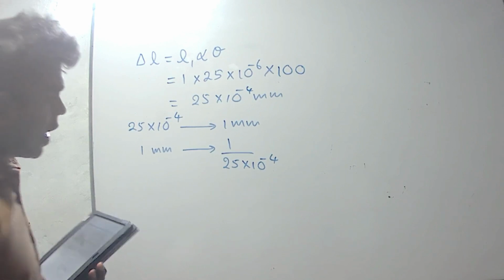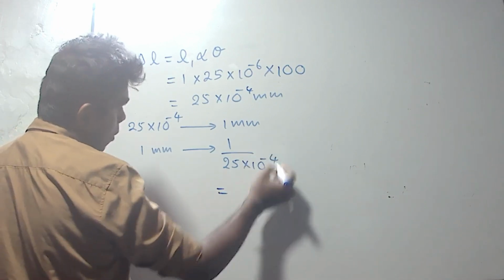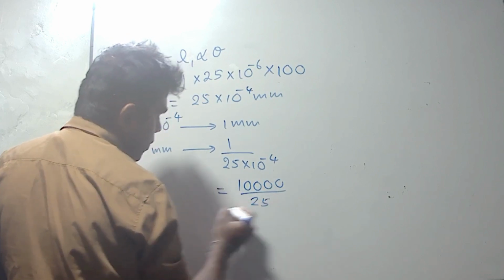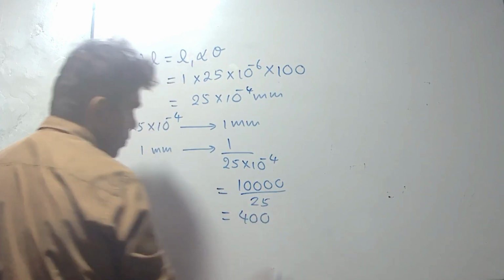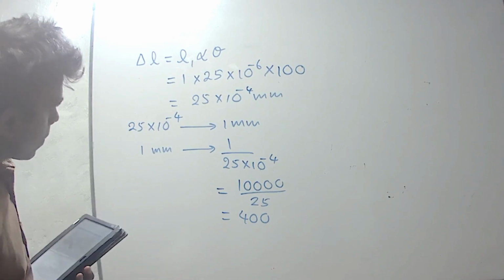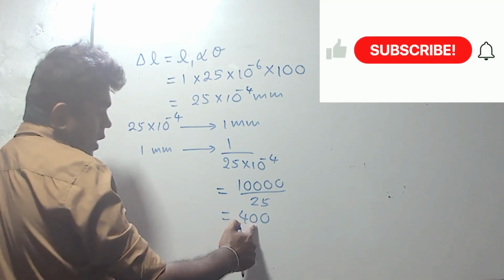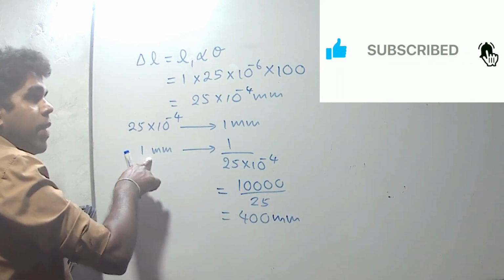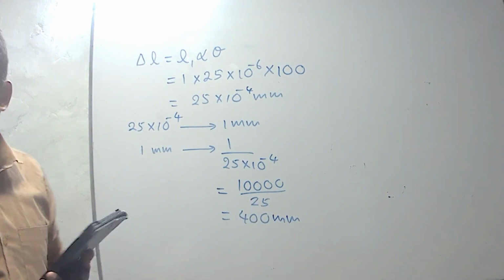Then I will simplify it. We can bring 10 to the power minus 4 to the numerator as 10,000. Divide by 25, 400. Therefore, if the initial length is 400 millimeters, we obtain 1 millimeter increase of length.